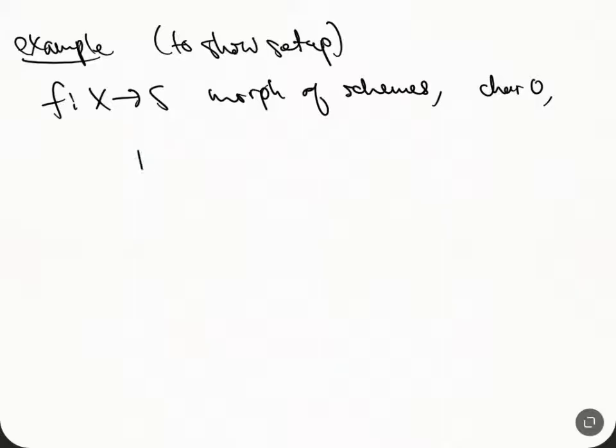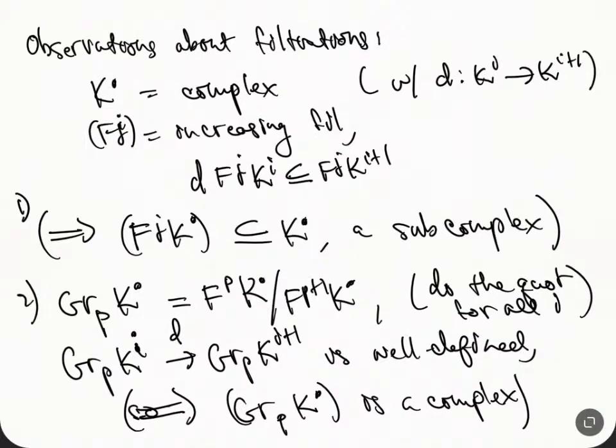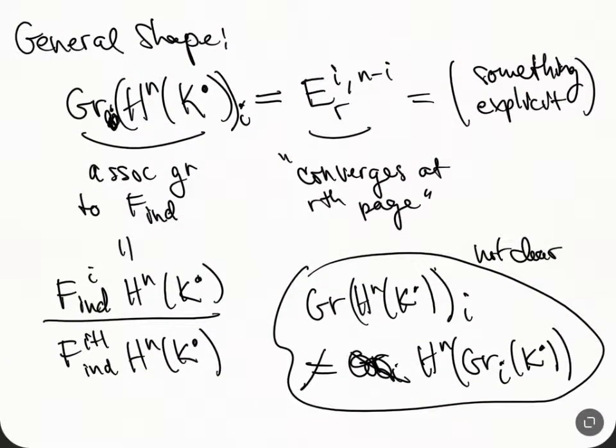But what this says is that E_1, so let's take this thing. Do I want to write it in my way or the other way? How did I write it before? Okay, so this is what the version of the spectral sequence says. So sometimes this statement is the convergence of the spectral sequence.